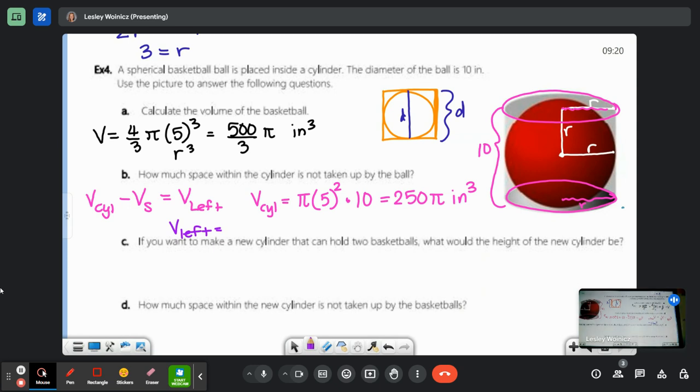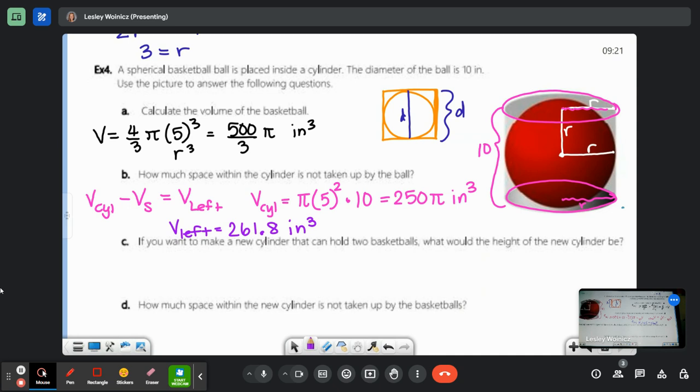You can just put the whole thing in your calculator. In my calculator, I'm doing 500 divided by 3 with a pi minus 250 with a pi. Oops, I got it backwards. Okay, so I'm getting 261.8 inches cubed.